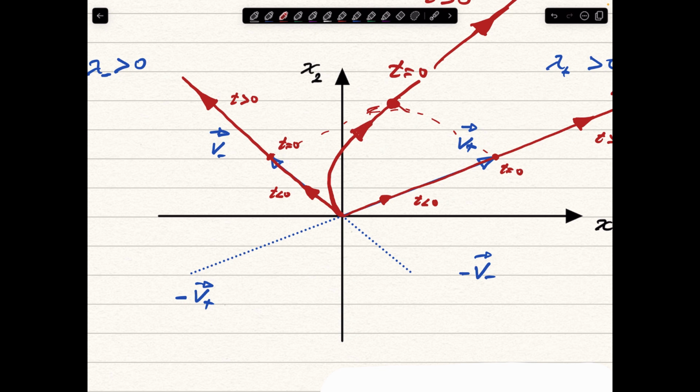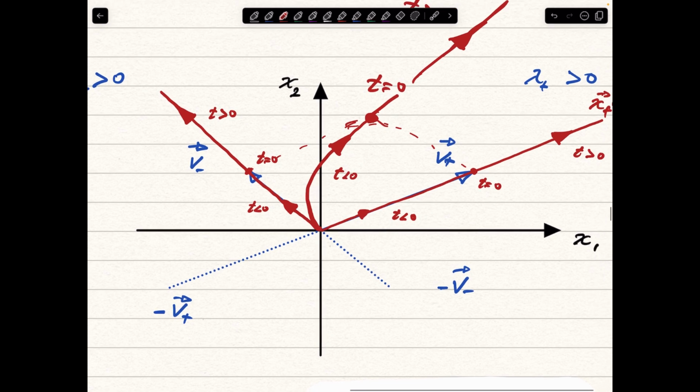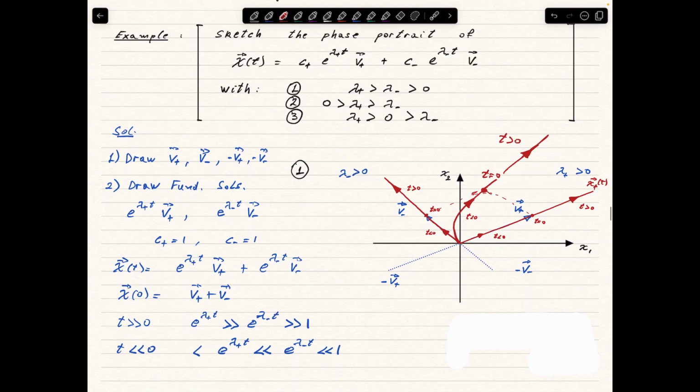We were taking the limit t goes to negative infinity, but this here is going to be t negative. And you see the addition of the two solutions now is not a straight line anymore. It's a curve that is tangent here, then goes to t equals 0, the addition of the two vectors, and then goes to infinity parallel to the other vector. So the solution tries to be parallel to this vector at infinity, and at negative infinity tries to be parallel to that vector.